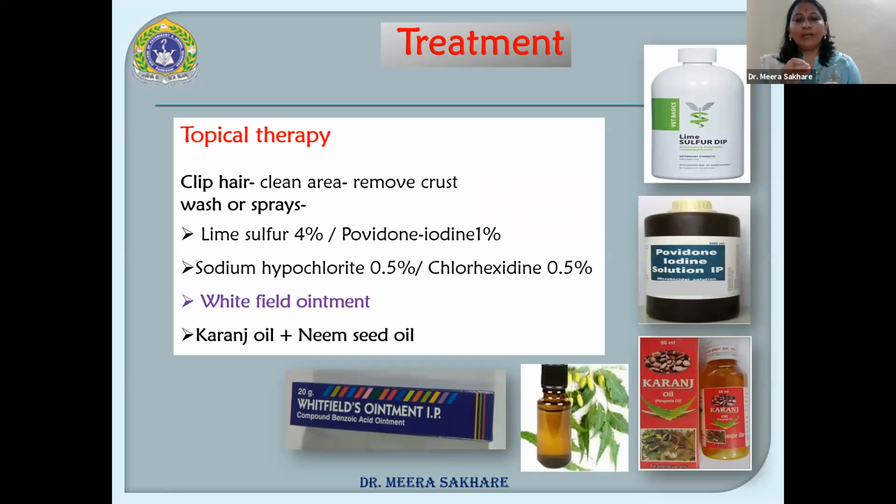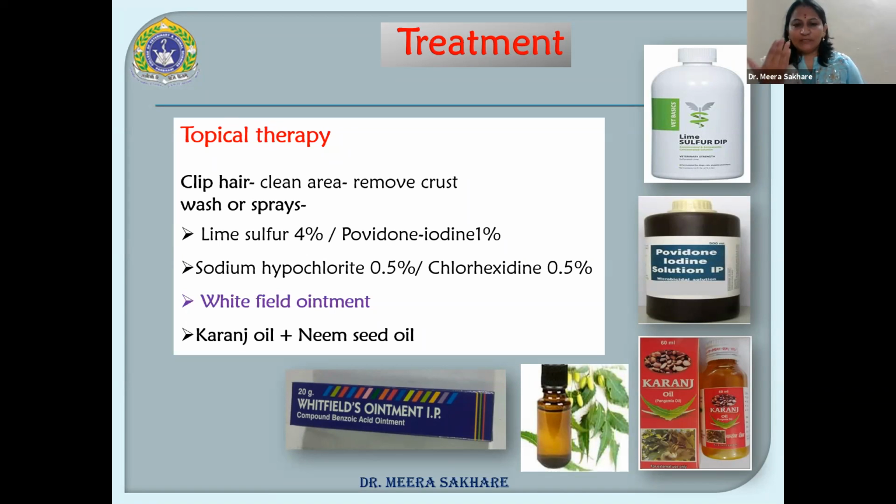So there should be proper disposal of the clipped hair from the lesion area. And after that, we can go for 2 to 4% lime sulfur or povidone iodine 1%. It gives very good results. Directly from the medical shop, the owner can take 1 to 2% povidone iodine and apply it directly on the lesions two times, morning and evening.